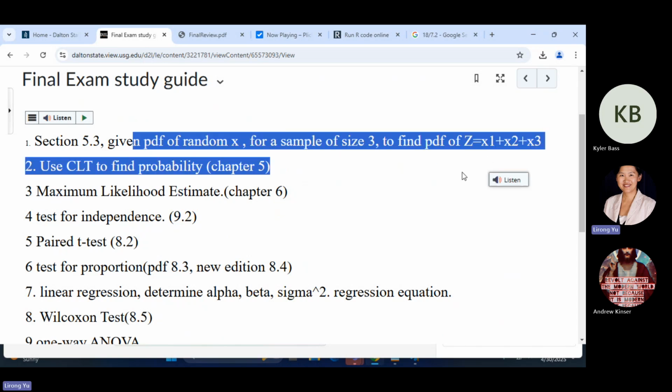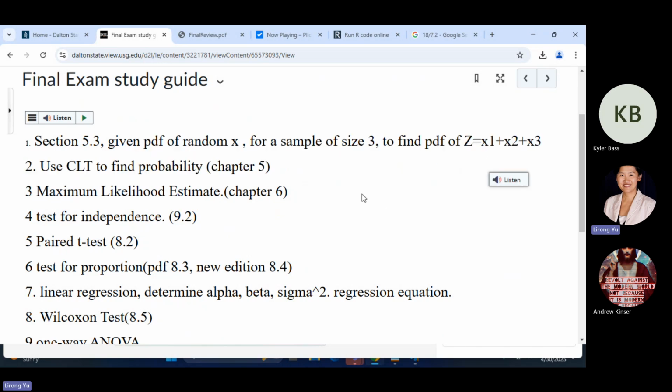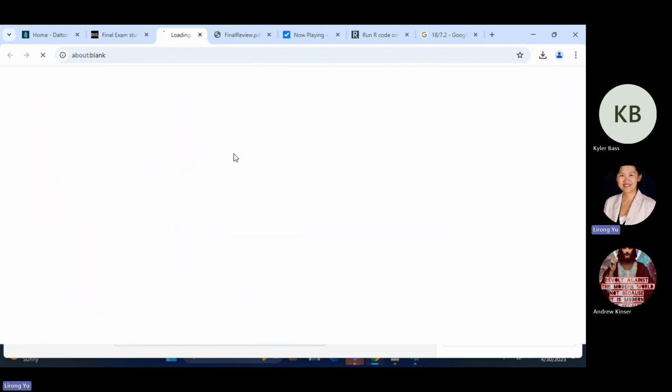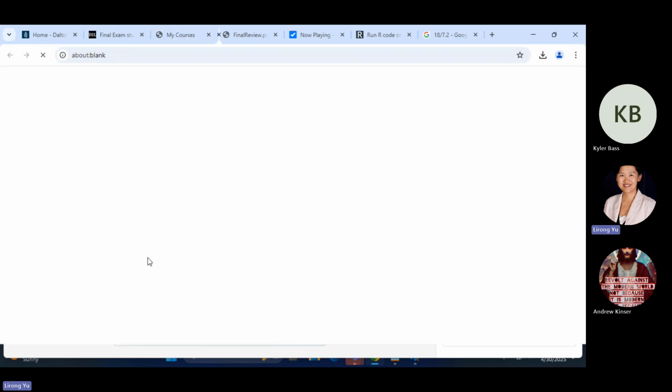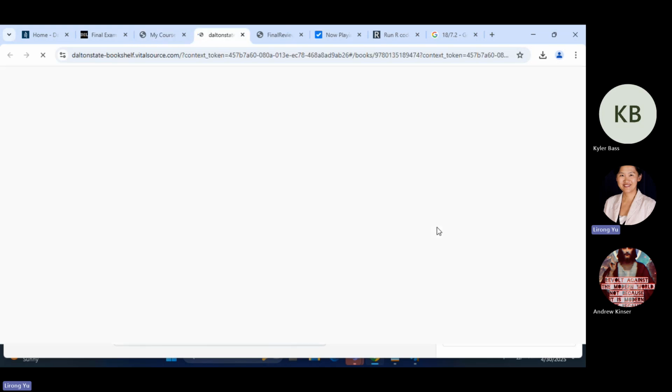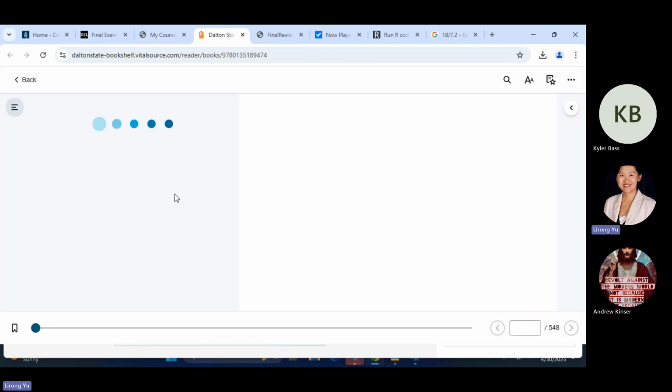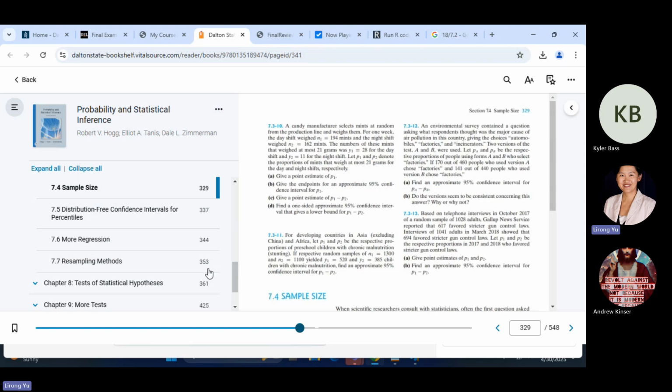I guess we can pull one of the examples for 5.3. We have a little bit of time left. 5.3 focuses on independent variables. If you have a distribution, and you have a couple of samples from it, how do we come up with a distribution of several variables? That's the focus for 5.3.